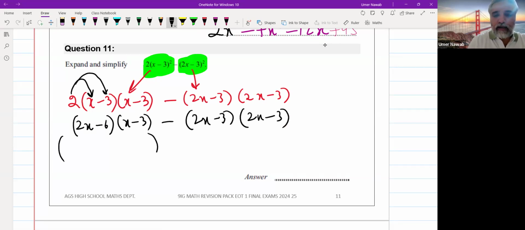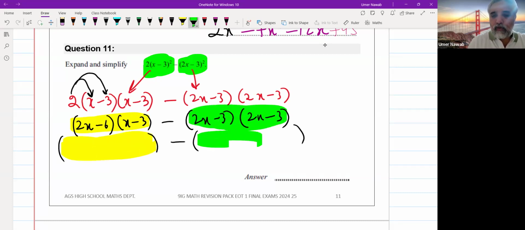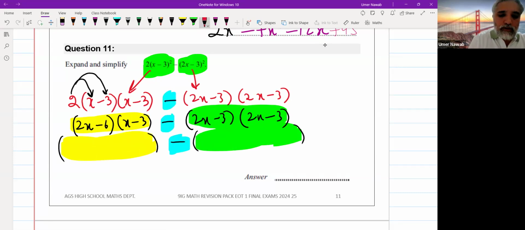Now I will write bracket, bracket, negative, bracket, bracket, because I want to expand it and write it over here. In between, there is a negative sign, so be careful about that. So 2x squared negative 6x plus 18, 4x squared negative 6x plus 9.